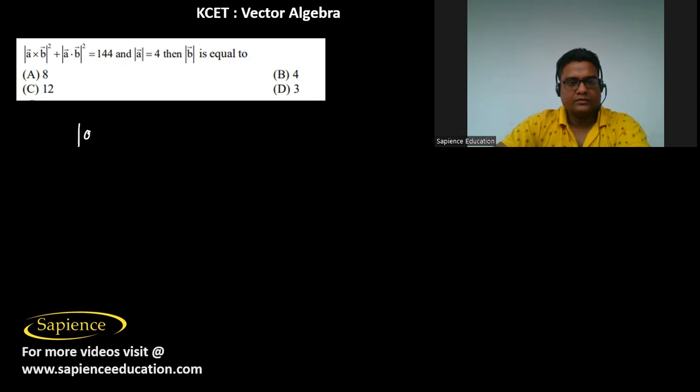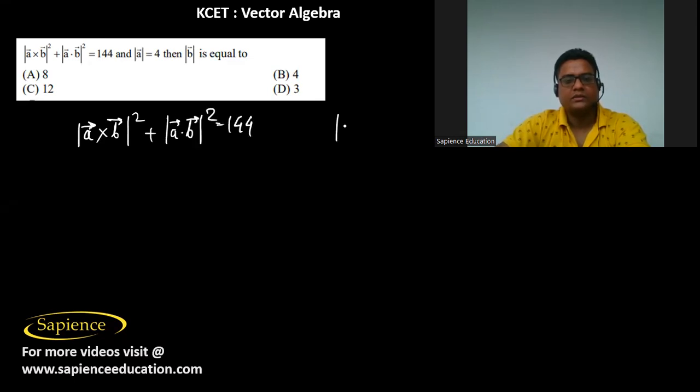Then here it is told if magnitude of a cross b whole square plus a dot b whole square is equal to 144, and magnitude of a is 4, then magnitude of b is how much?